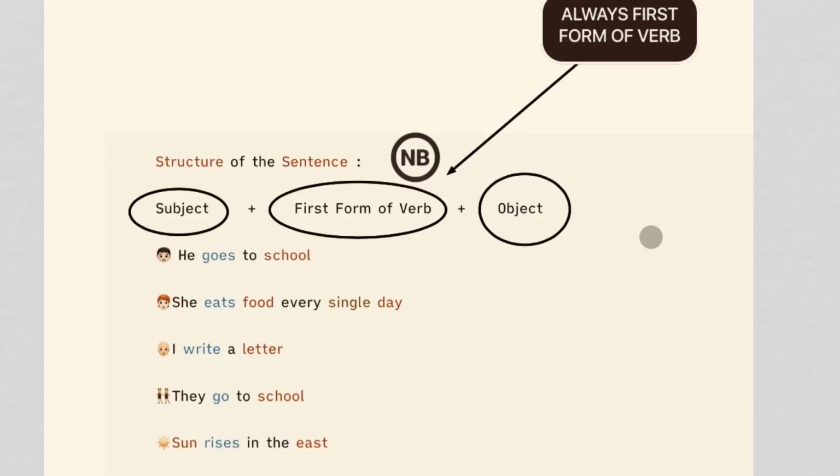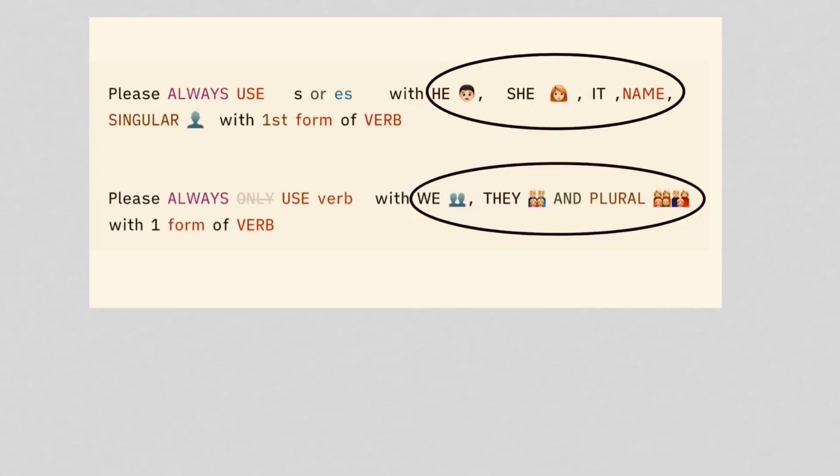So let's have a look at this third example now. I write a letter. So when it comes to I write a letter, we say we, they, and plural ones. Just gonna use I also as well. With I, we, they, and plural ones, we'll just write the first form of the verb.